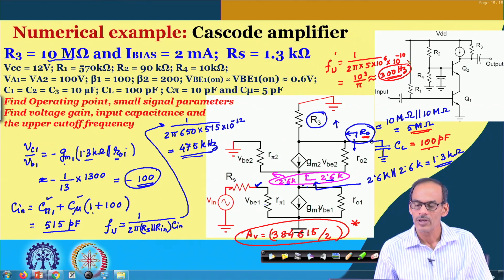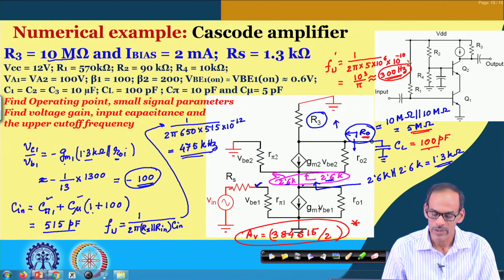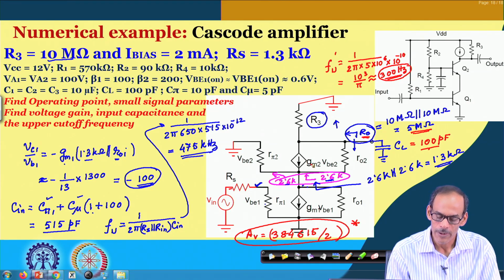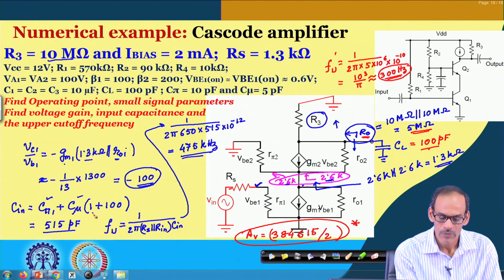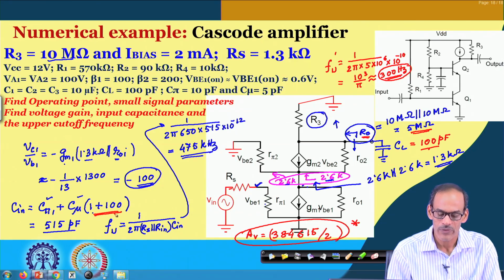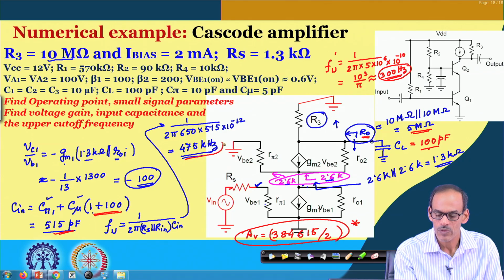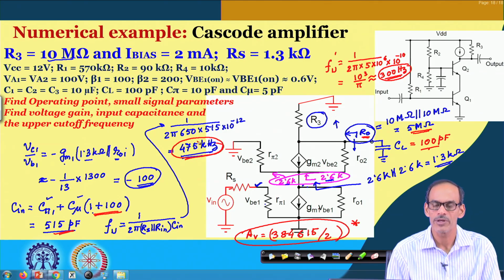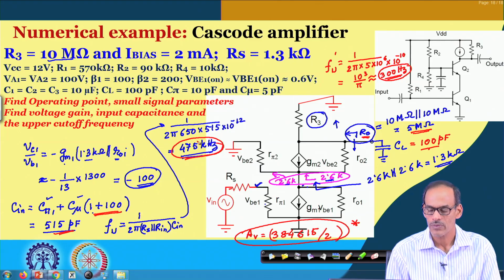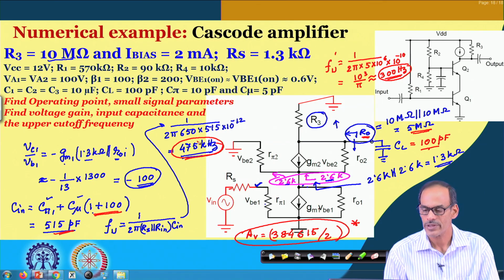is the concern. But of course, you have to keep in mind that while we have increased the gain, though the Miller factor affecting the C mu increases the C in, the corresponding upper cutoff frequency is not the limiting factor for defining the bandwidth of the circuit.